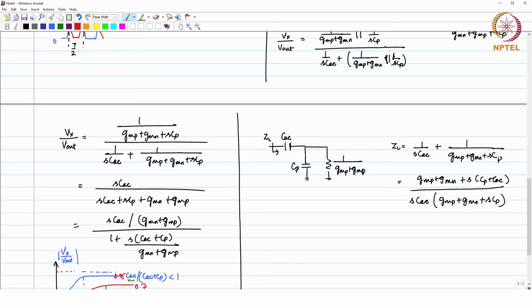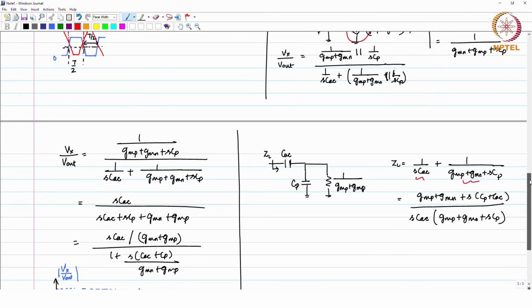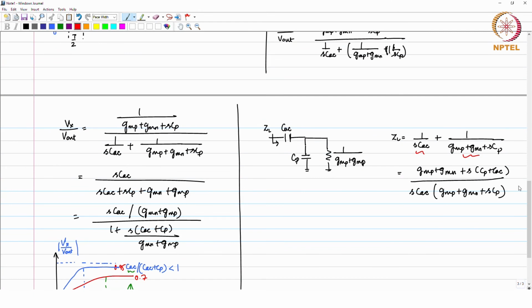Now, this is just a series of one capacitor and another RC, right. So, here if you think about it, if I choose CAC to be much larger, I do not care about it, just 10 picofarad or something I may use, then this impedance, this is an approximation, is going to be negligible, right.